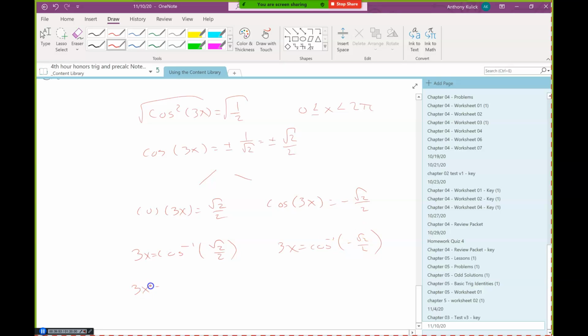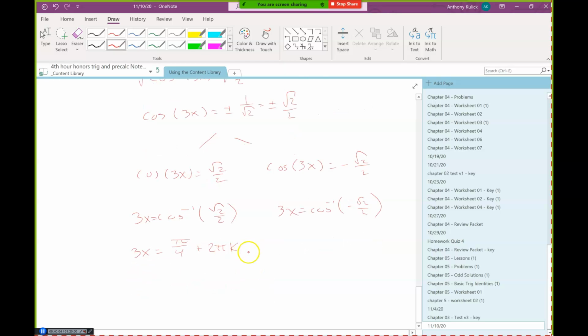If I go to my unit circle, cosine is equal to positive root 2 over 2 at pi over 4, and anything coterminal to it, at 7 pi over 4 and anything coterminal to it. And then cosine inverse is negative root 2 over 2 at 3 pi over 4, anything coterminal to it, as well as 5 pi over 4 and anything coterminal to it.